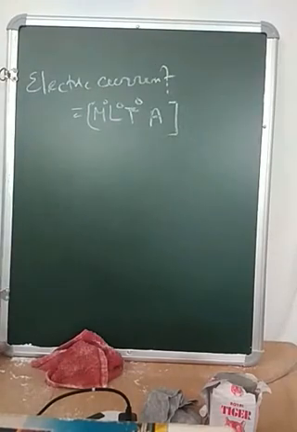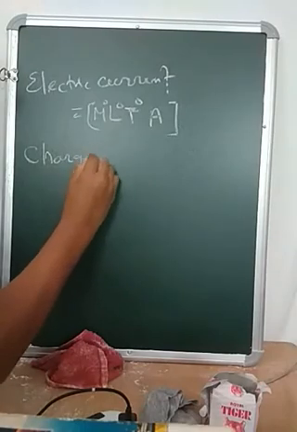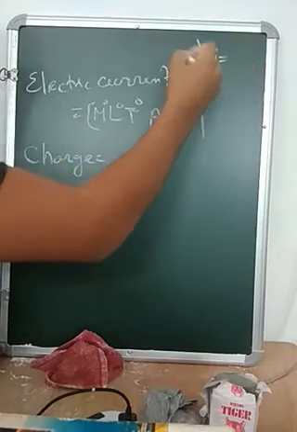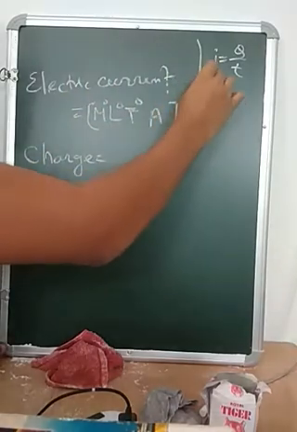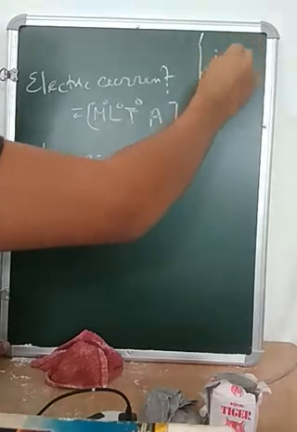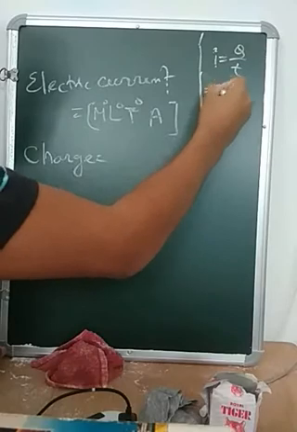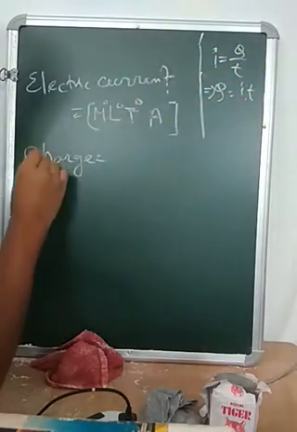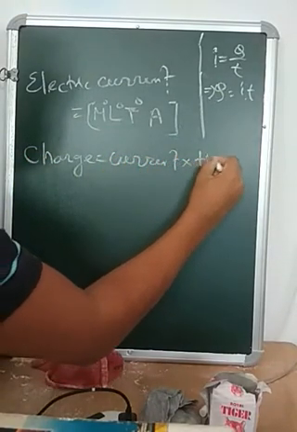If we go for charge, what is charge? As we have the formula, I means current, I is equal to Q by T. You know this formula; you have got this in your 9th or 10th syllabus. So current is equal to charge by time. So what will be charge? Q is equal to I into T. So charge is equal to current I into time.